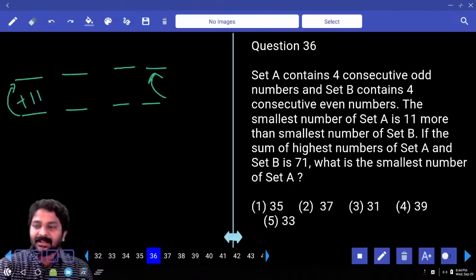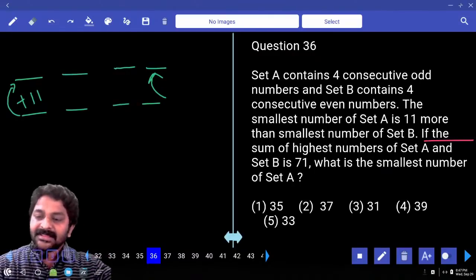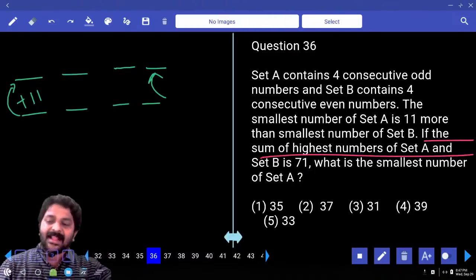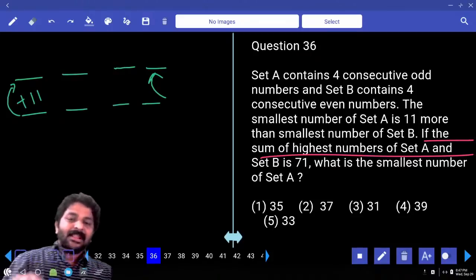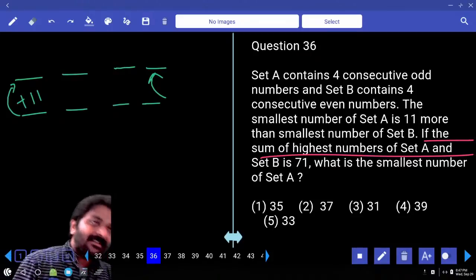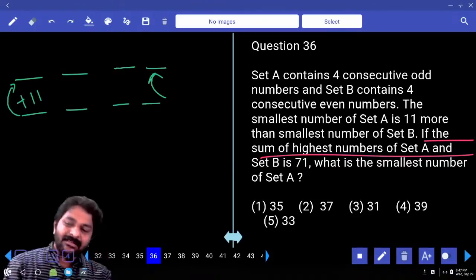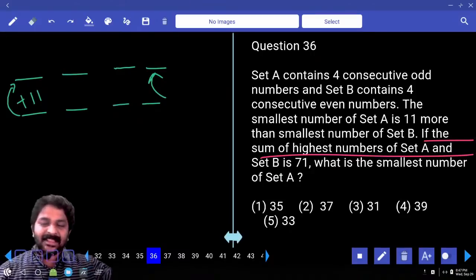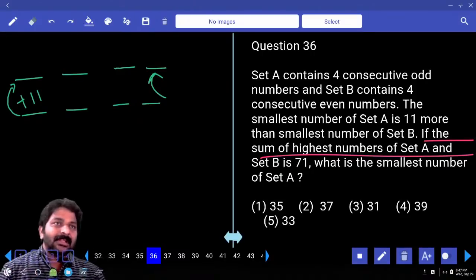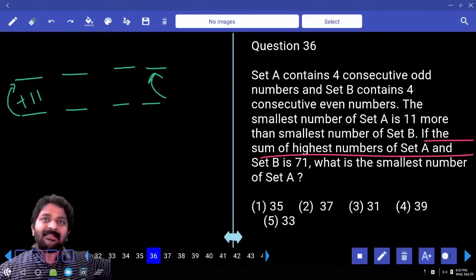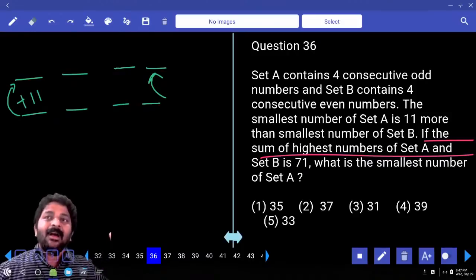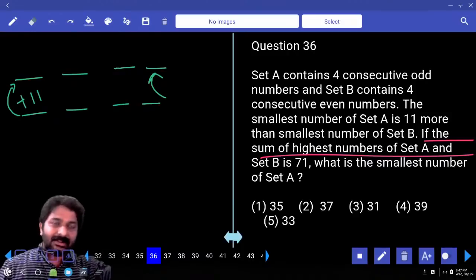Next, continue reading the question. If the sum of the highest numbers in set A and set B is 71, difference is 11, sum is 71. What is the smallest number in set A? First of all we need to know whether set A numbers are more than set B, or set B numbers are more than set A. We need to get this clarity.